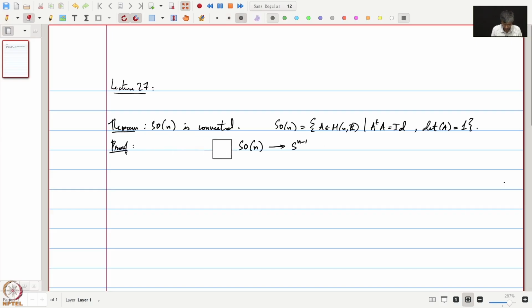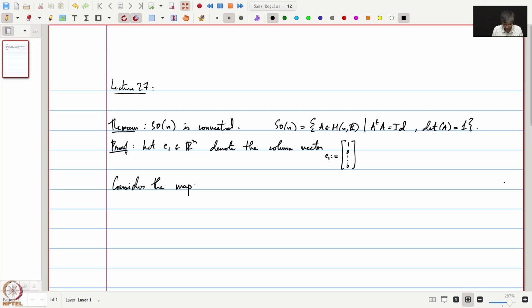Before that, let E1 in R^n denote the column vector (1, 0, 0, ...). And consider the map from SO(n) to the (n-1)-sphere given by, let's say n is greater than or equal to 2, we take a matrix A and it gets mapped to AE1.